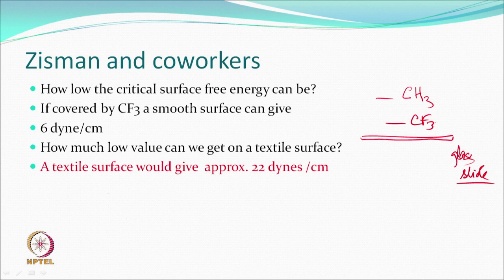Depending on how well the work is done, you can get some level of reduction in the values, and a textile surface with a little hard work may give a surface energy approximately in this range. If that can be done, then the chances are we will be able to repel oil also.